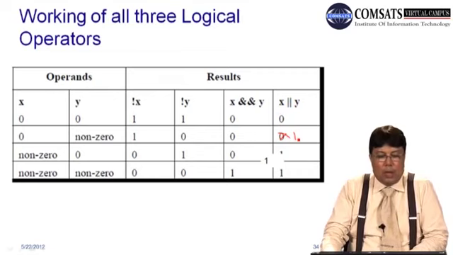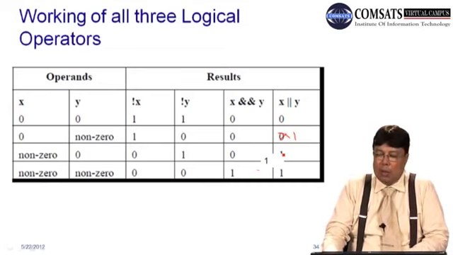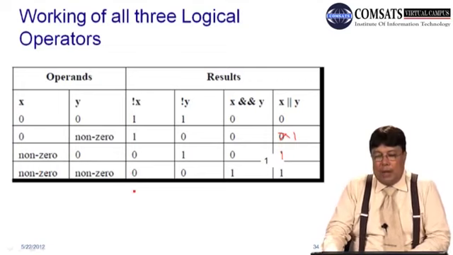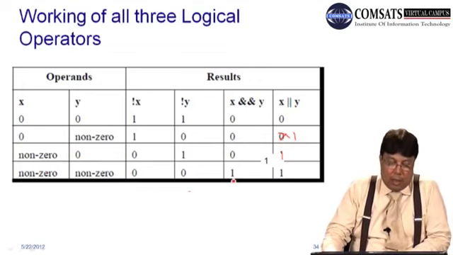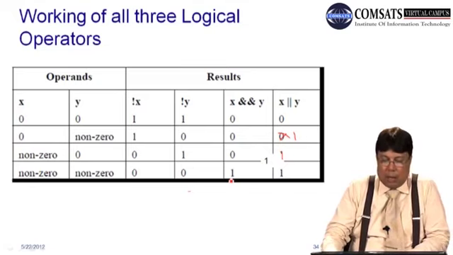x is non-zero, y is 0, not x non-zero से 0, not y 1 and दोनों का 0. और since this is non-zero, so x is true or y is true, therefore answer is true. दोनों में से एक भी क्वांटिटी ट्रू हो तो आंसर इज इक्वल टू ट्रू. This is non-zero, this is non-zero, therefore not x is 0, not y is 0. So x and y both is equal to 1. अब आपने and किया, मैंने आपसे कहा था and में दोनों क्वांटिटीज आप assume करें multiply होती हैं.